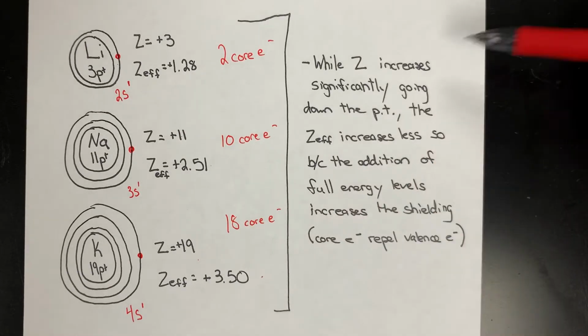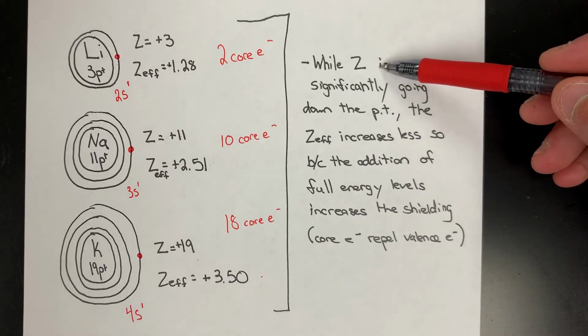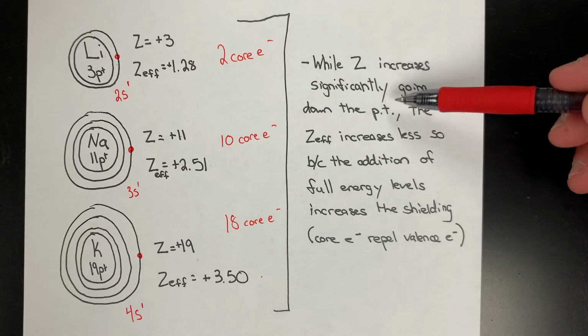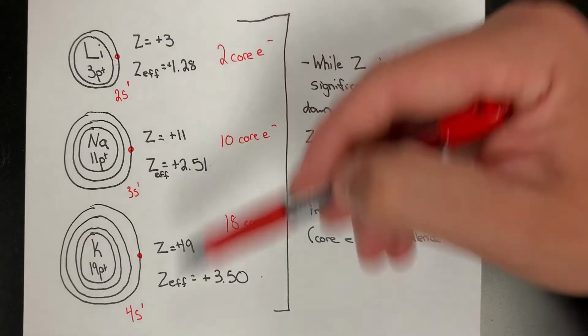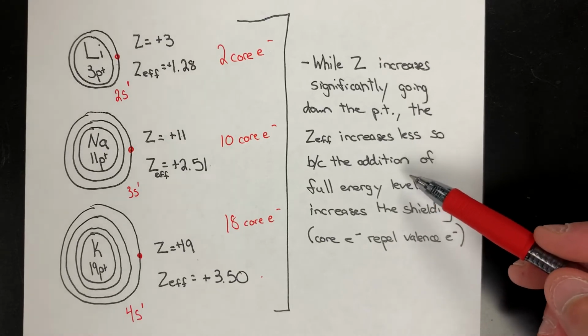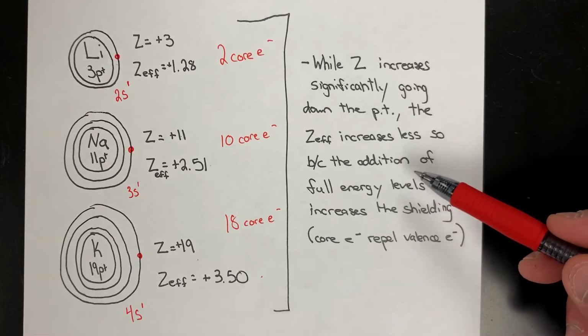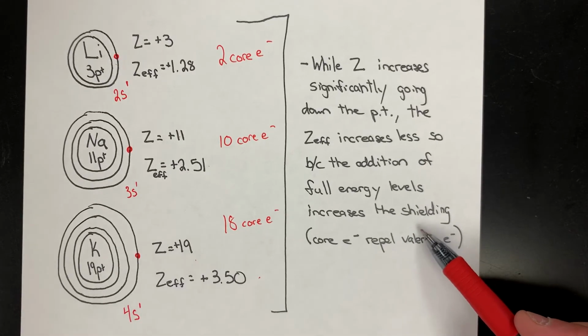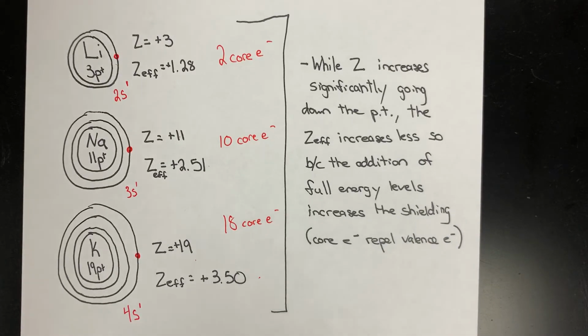To recap, while the nuclear charge, just the pure number of protons, is increasing significantly as we go down the periodic table, 3 to 11 to 19, because we are adding full energy levels' worth of electrons, we're adding more and more core electrons. This increases that shielding effect, which again is the core electrons repelling the valence electrons.